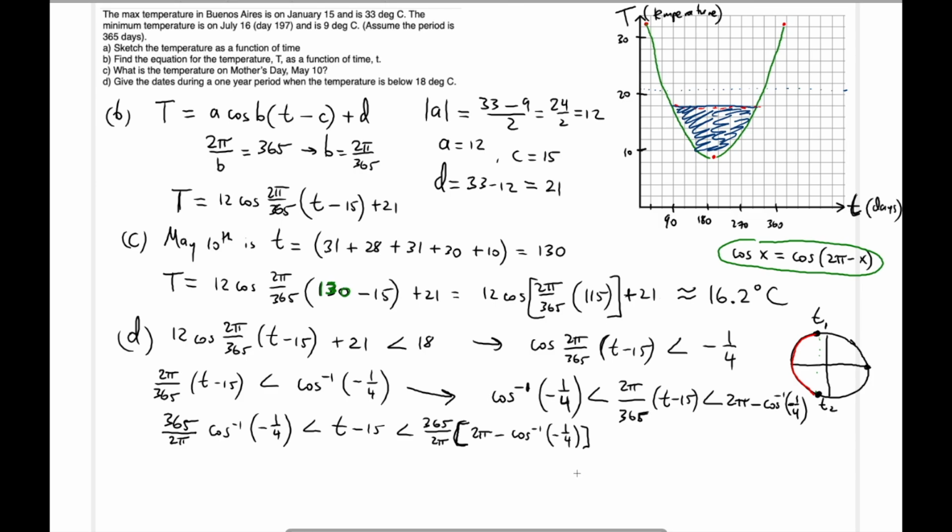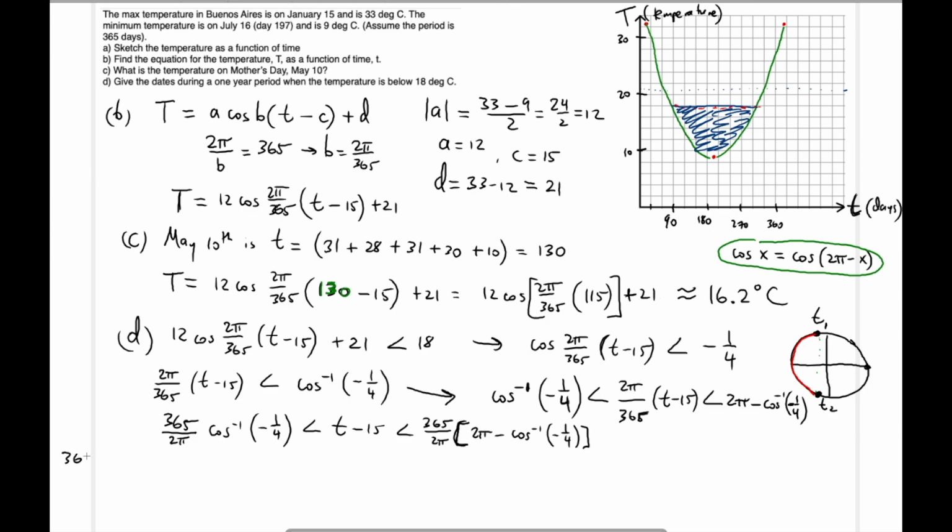Okay, so now that we have that, of course you're going to add 15. So it's going to be actually crazy because you're going to have to add 15 to both sides, and that's going to be even longer. So I'm going to write it here.